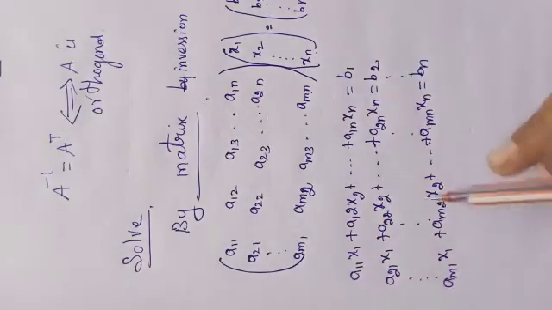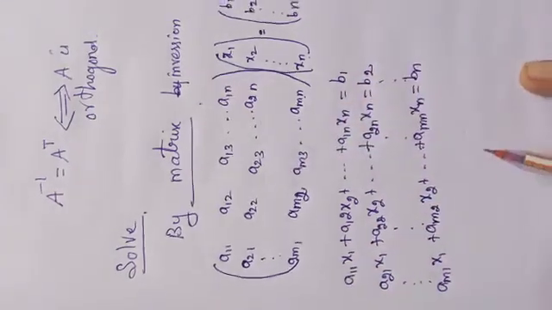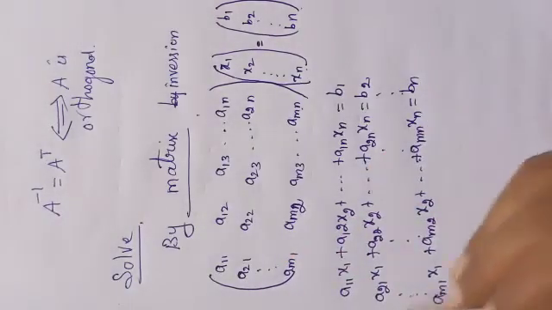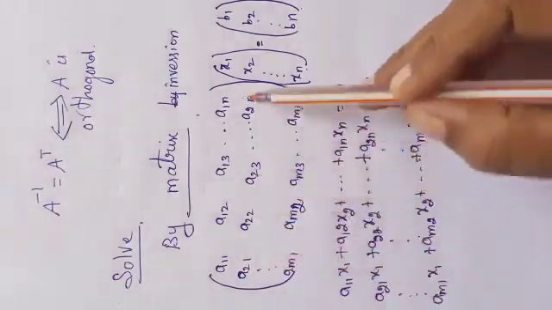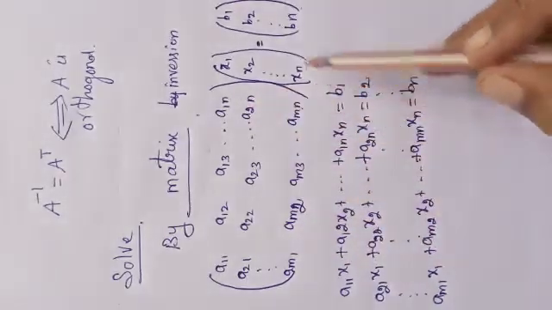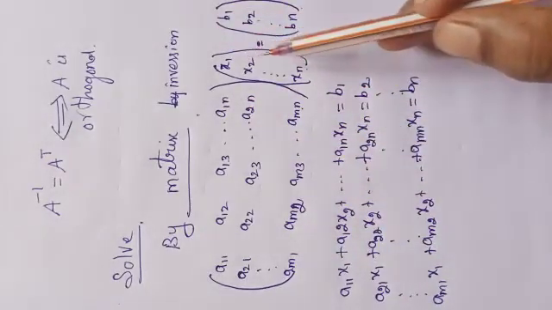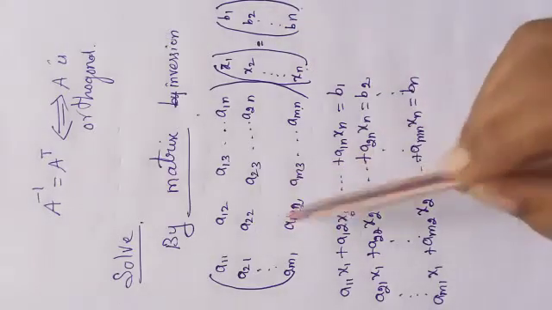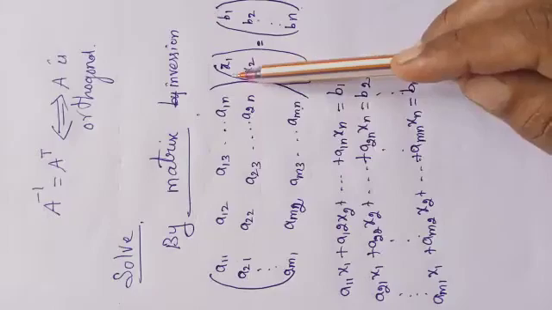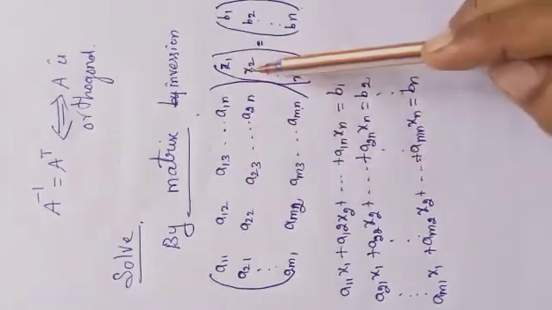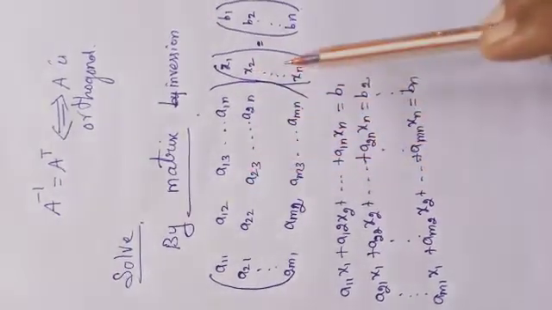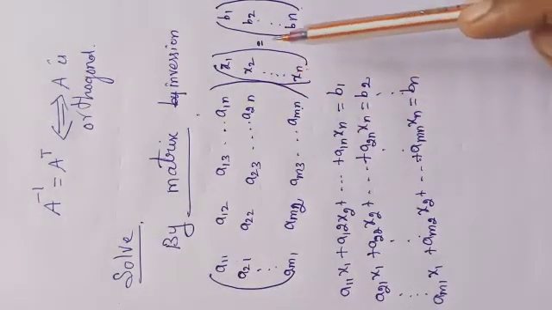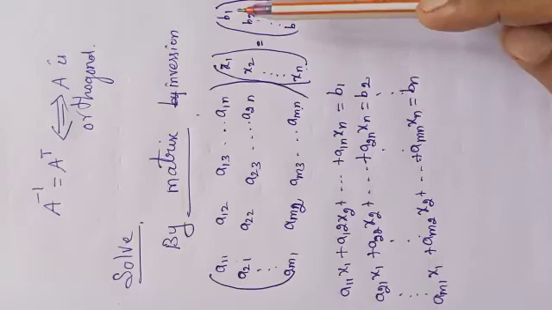This equation we can write in the matrix form. See the coefficients, they should be in order, all the coefficients, into x1, x2, etc., xn, equal to the constant values. Now multiply: a11 into x1 plus a12 into x2 plus a13 into x3 plus etc., a1n into xn will be equal to b1.